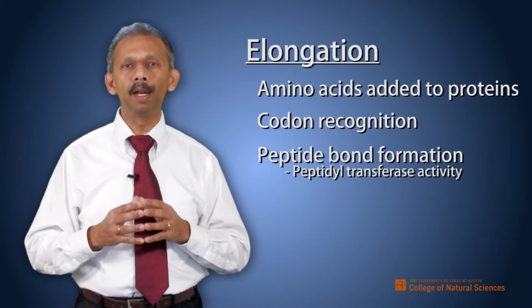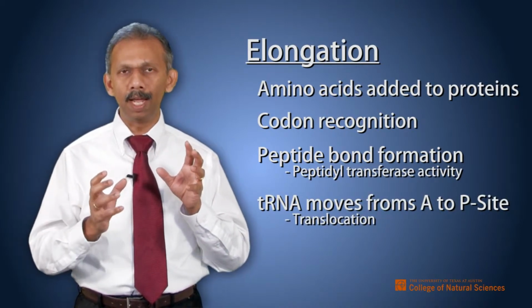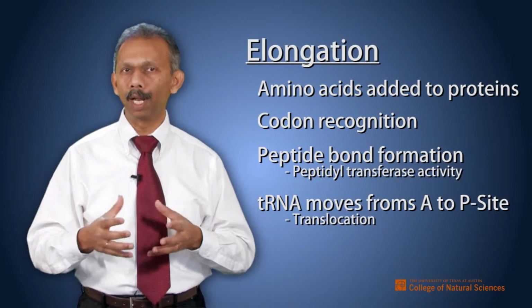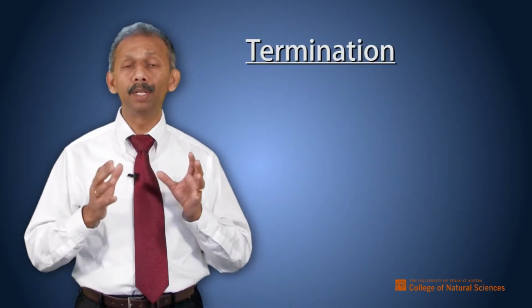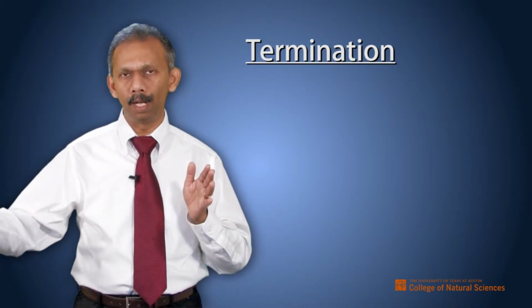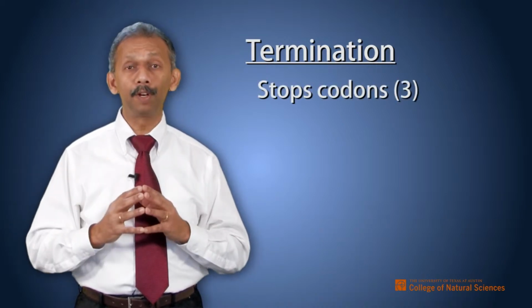Once this is done, the tRNA that was in the A site will move to the P site, and we will see all the details later on in the lecture. But once that translocation happens, protein synthesis continues all the way until it ends at the stop codon. There are three different stop codons.